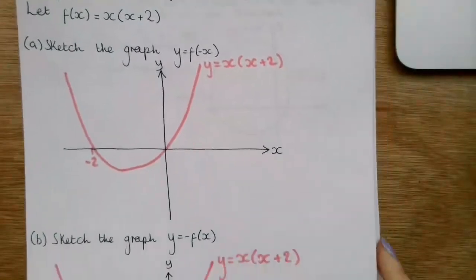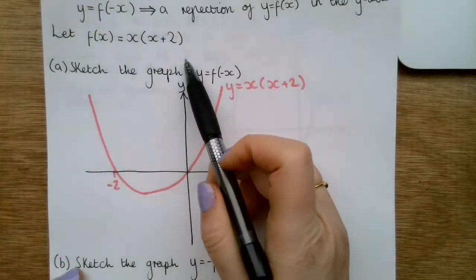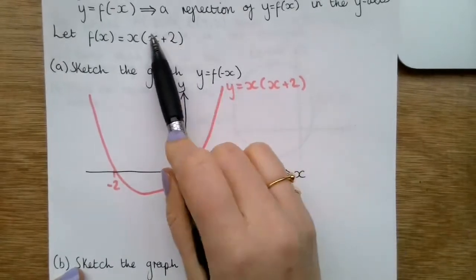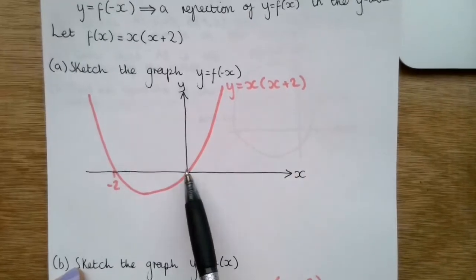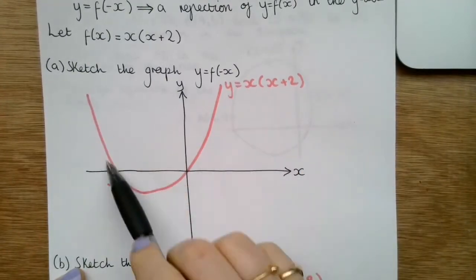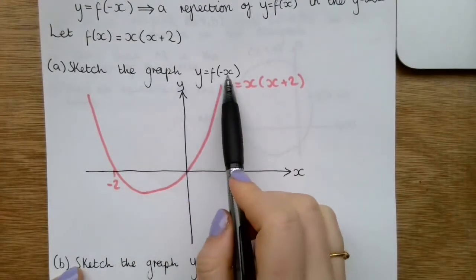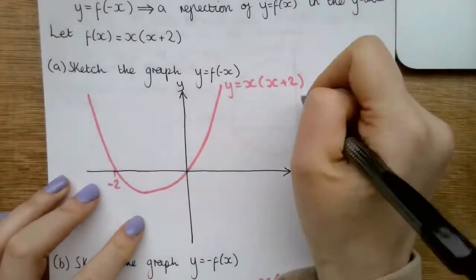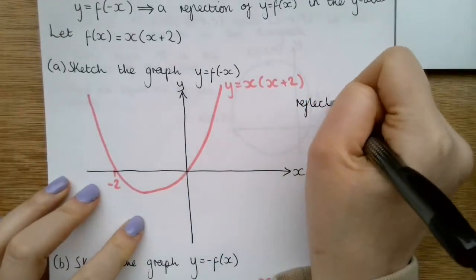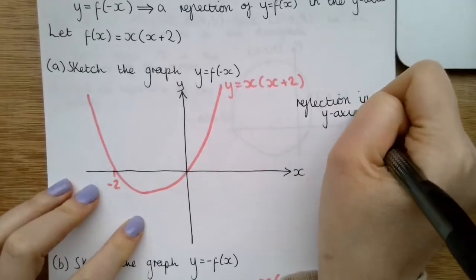So, looking at the two examples here, we've got f of x is equal to x multiplied by x plus 2, so I've got a root of 0 and negative 2, and we've got our x squared form here, our quadratic graph. We're going to draw the graph of f of minus x, so this is going to be a reflection in the y-axis.